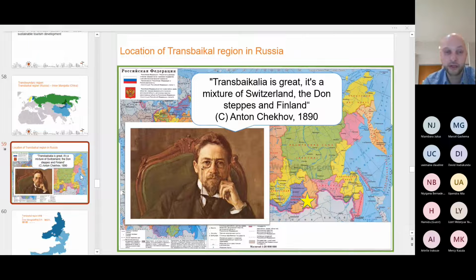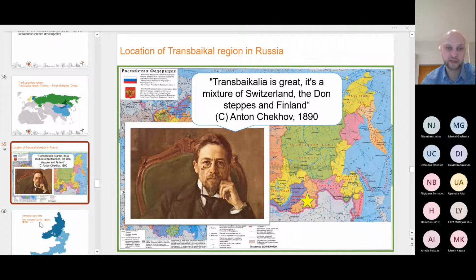I think you agree with me that it is hard to find a better person to tell about my home region than a person who is considered to be among the greatest writers of short fiction in history. Anton Chekhov made a trip to the Transbaikal region in 1890, and he wrote, let me cite him, that Transbaikalia is great. It's a mixture of Switzerland, the Don Steppes, and Finland.